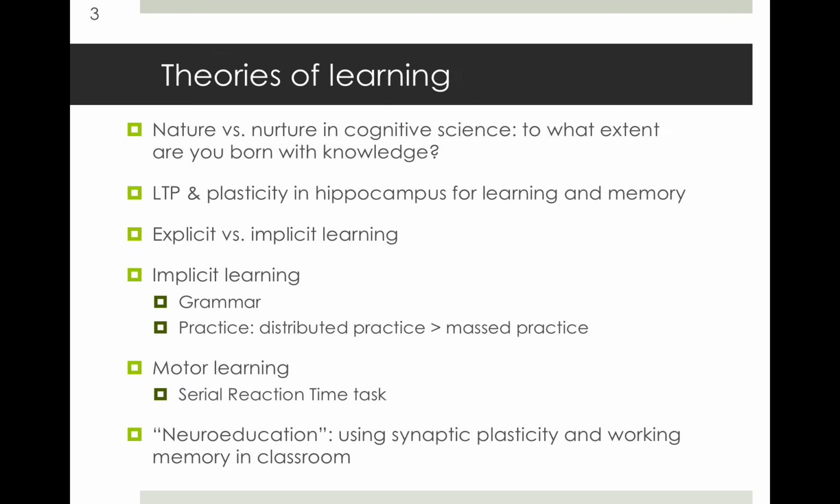So, theories of learning, and this gets back to the beginning of the cognitive revolution. Recall on the very first day when we talked about how Edward Tolman came around after the behaviorists and the neuroscientists. Edward Tolman came and said, well, the brain is not just an input-output mapping system, right?